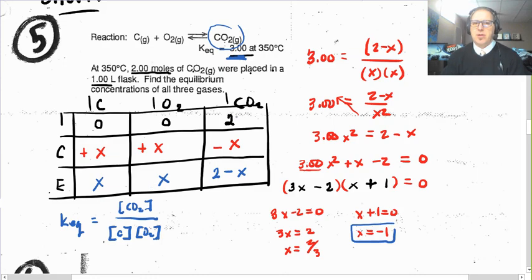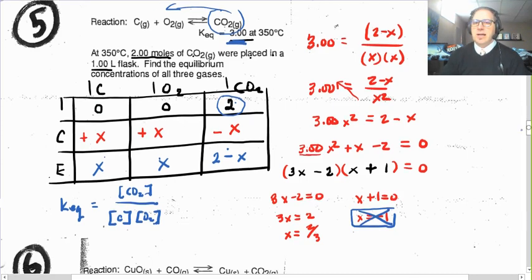And is it possible that after this starts to decompose, it could be a greater amount, like 2 minus a negative 1? So could we have negative 1, and 3? No. From 0, it can only go up. You can't go down. So this negative 1 is not going to be an answer we're going to be able to use. So what that means is that x equals 2/3 is going to be the answer for x.